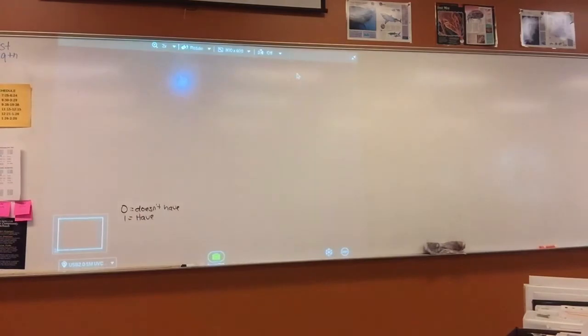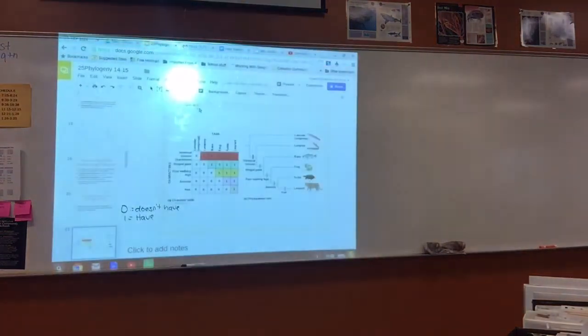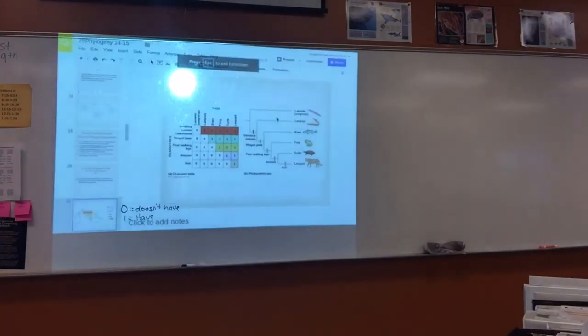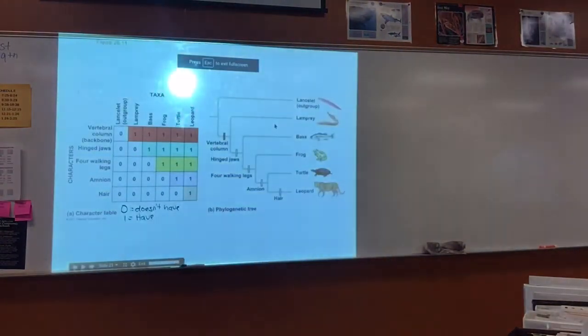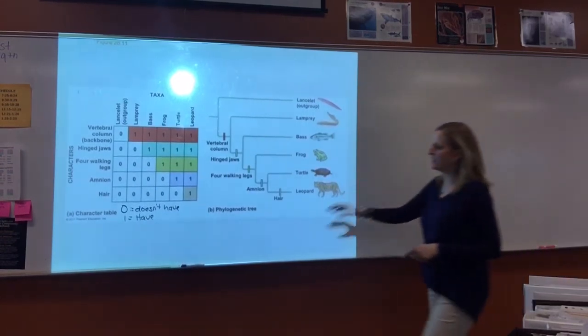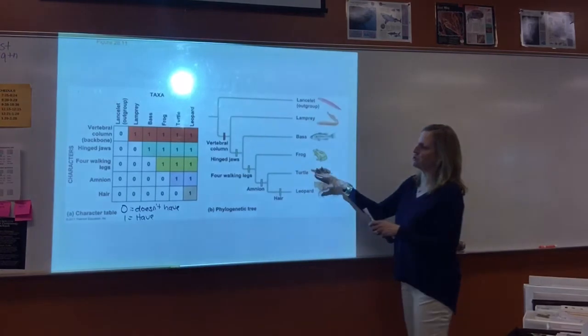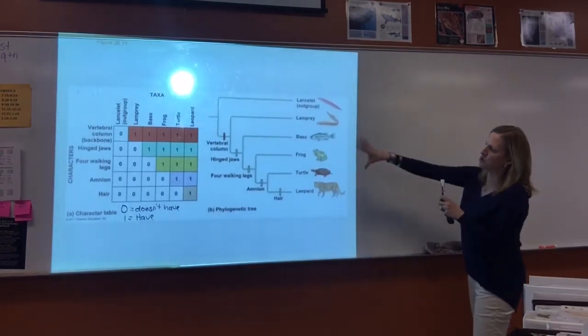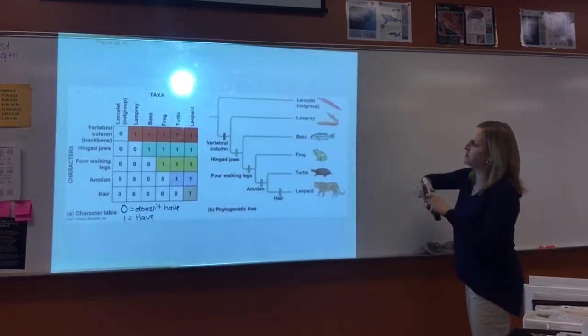So let me illustrate that with this picture here. This is a phylogenetic tree, and I want to draw a cladogram that would show the same thing. You could draw it like this, using the information that we just went over.